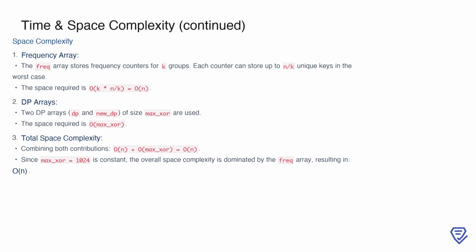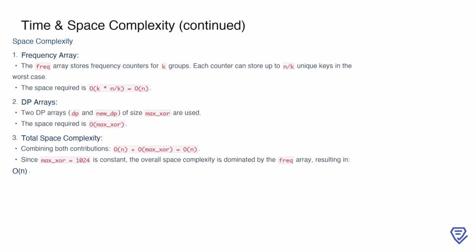Next, we use two dynamic programming arrays, dp and new_dp, each of size max_XOR. This contributes an additional O(max_XOR) space. Combining these, the total space complexity is O(n) plus O(max_XOR). Since max_XOR is constant at 1024, the dominant term is O(n), making the space complexity linear in terms of the input size.